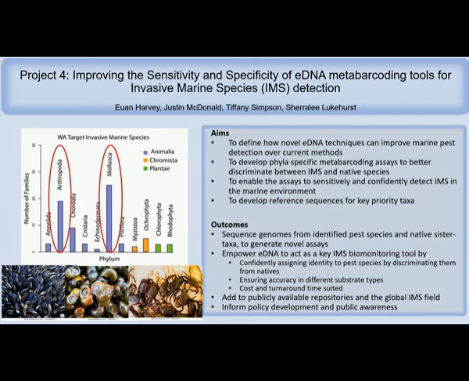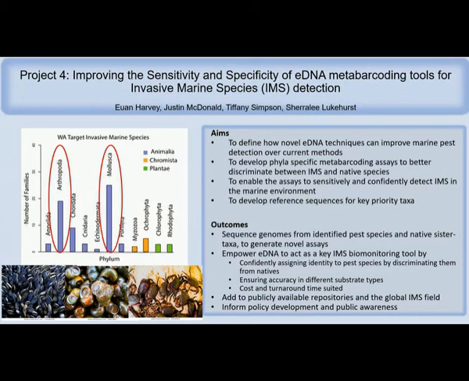Project 4 aims to identify how novel environmental DNA techniques can improve marine pest detection in comparison to some of the current methods. One of the things that we need to do is to develop phyla-specific metabarcoding assays to be able to better discriminate between what is an invasive marine species and what is a native species.